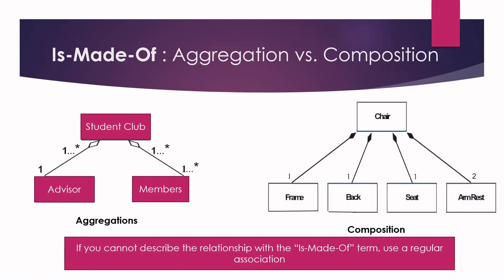Can we say that the student is made of contacts? No. It's just that you have an array, you need access to multiple instances of a certain type of object. It doesn't mean that it is made of it. Okay? So if you can't describe the relationship with "is made of", then just use general association.